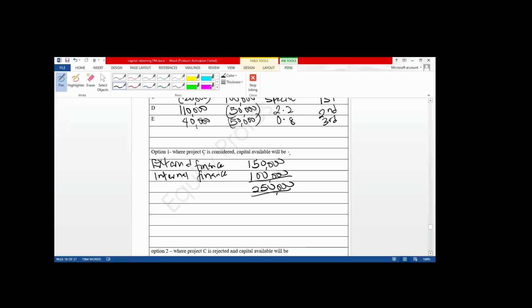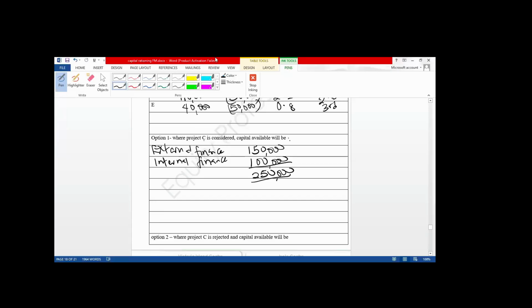You now come to your ranking. Your project selection, sorry, you have done your ranking. Option 1, you are considering project C, a negative NPV project.